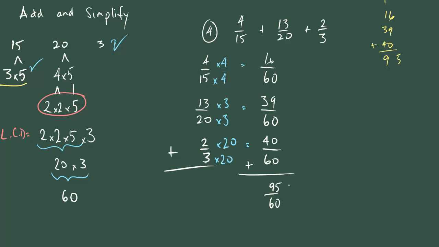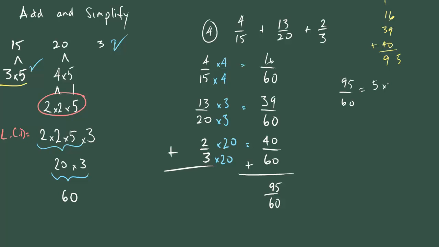Now, can we reduce this? Is this reduced to its lowest terms? Maybe. Let's find that out. So what we're left with is 95 over 60. So let's see if we can reduce this. 95 should be 5 times some number.